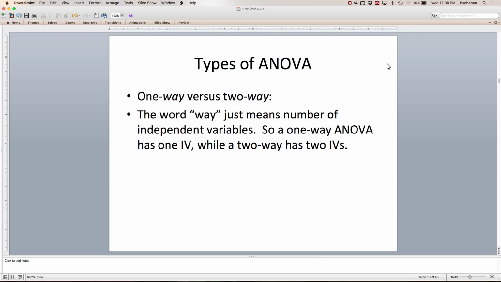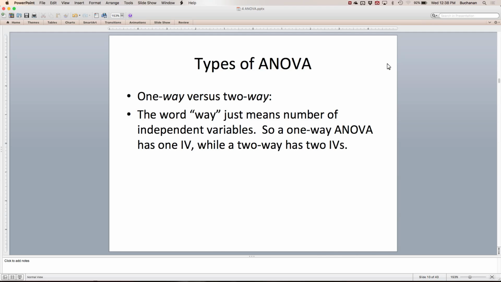Okay. So one-way ANOVAs are 1 IV, so levels and conditions are the same thing. 2-way ANOVAs, 2 IVs, you have levels out here, conditions in here. 3-way ANOVAs, add another layer, and 3 IVs. Okay. So if you ever see it printed, mostly people only talk about it when they say 1-way ANOVA.